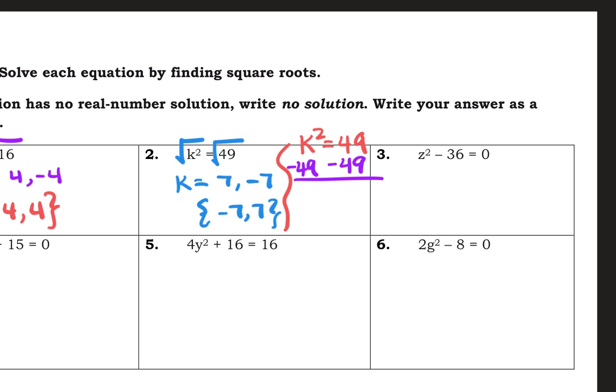And then your equation would be k squared minus 49 equals 0. And then you would just graph this piece, which is exactly what we have on this side. This is how you want it to always look when you graph. Never like this. So if it looks like this and you're wanting to graph it, you can move the 49 over and then graph that expression or that equation there, okay?